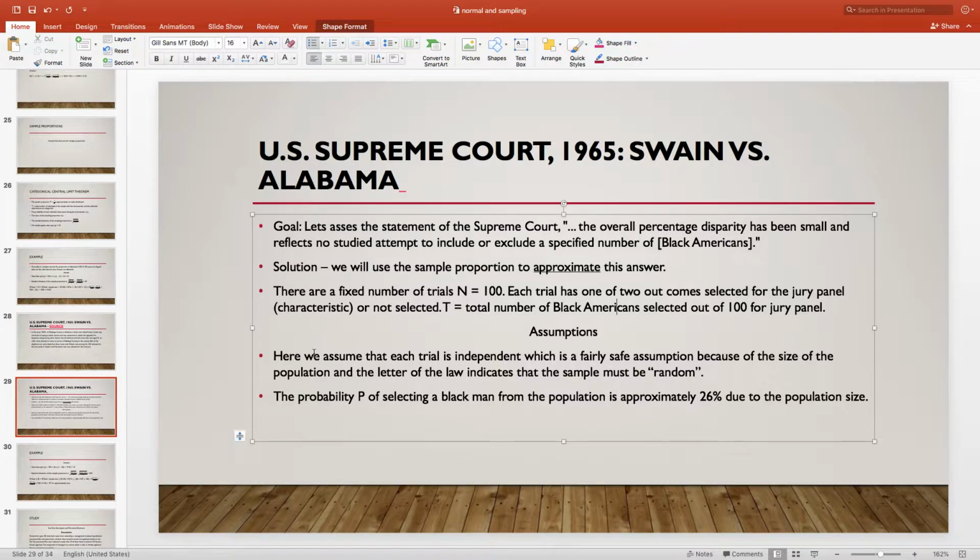The probability P of selecting a black American from the population is representative of their sample proportion, the proportion of black Americans in the community, which is 26%. And this should be a safe assumption, again, if it is truly a random sample of the population.